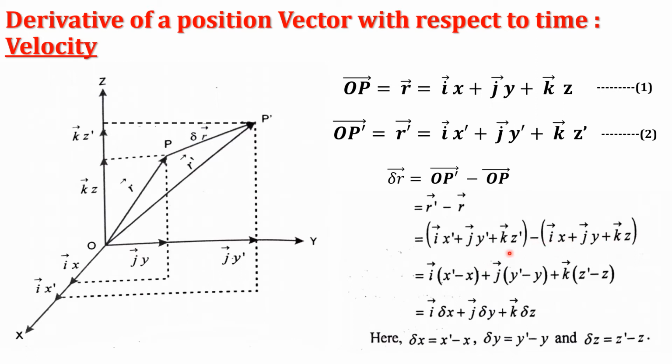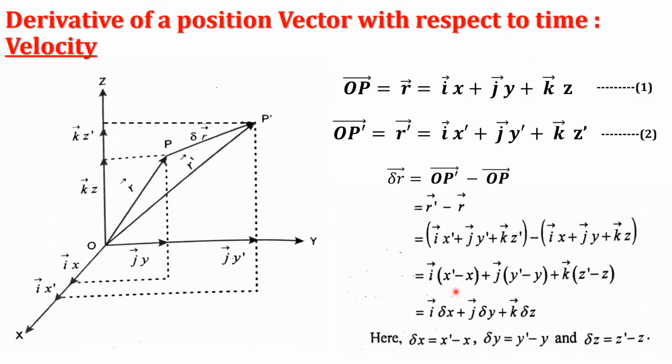Simplify the two brackets and take the subtraction. We combine the i terms and take i common: i into bracket x dash minus x, plus j into y dash minus y, plus k into z dash minus z.